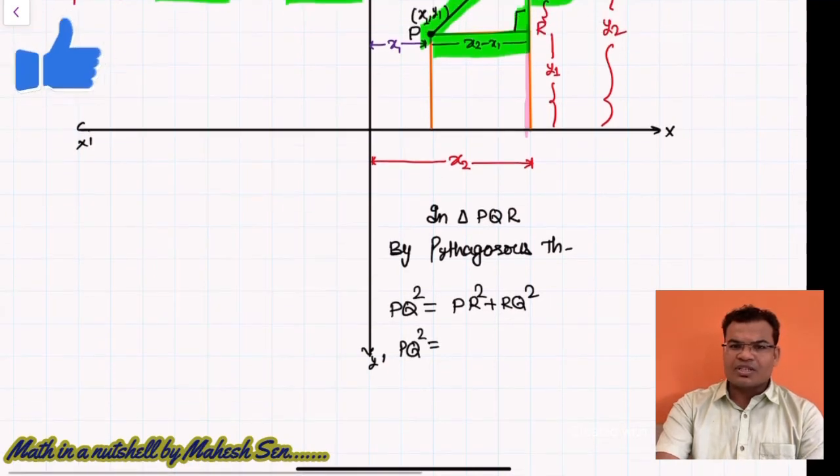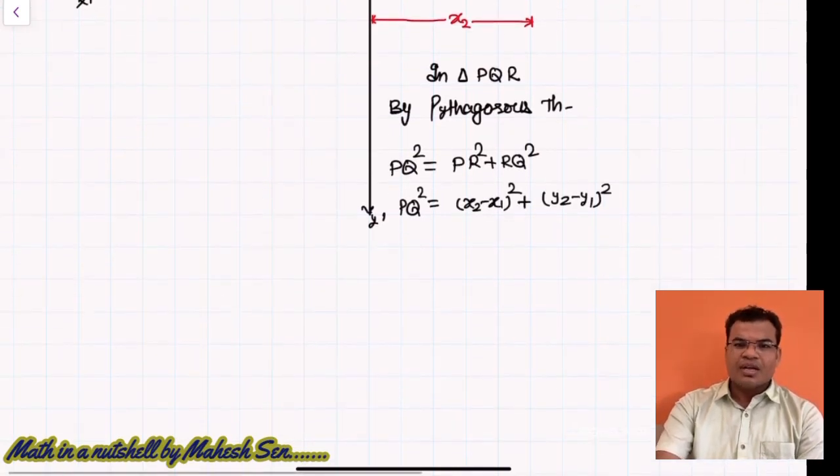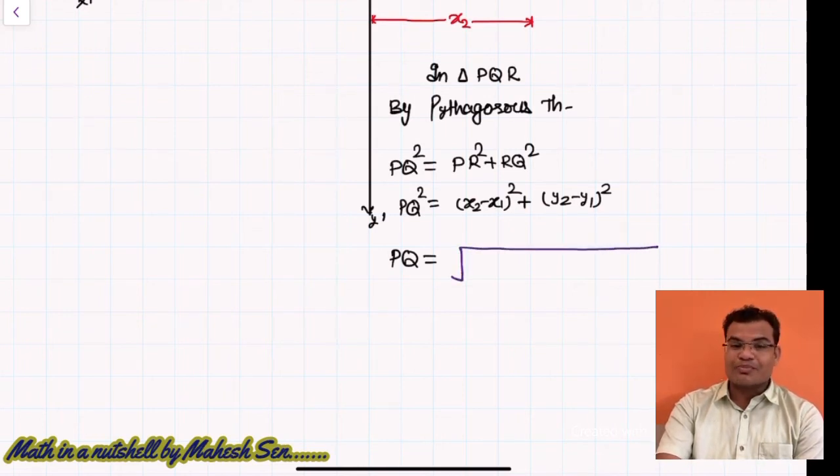So put the value: PR is x2 minus x1, so you will write x2 minus x1 whole square plus y2 minus y1 whole square. We want the value of PQ, not PQ square, so we can take the square root of both sides. So PQ is equal to under root of x2 minus x1 whole square plus y2 minus y1 whole square.